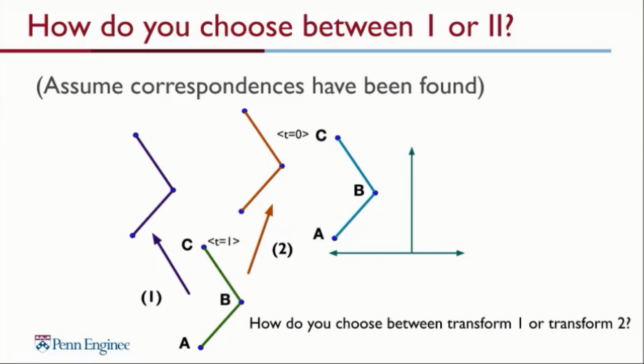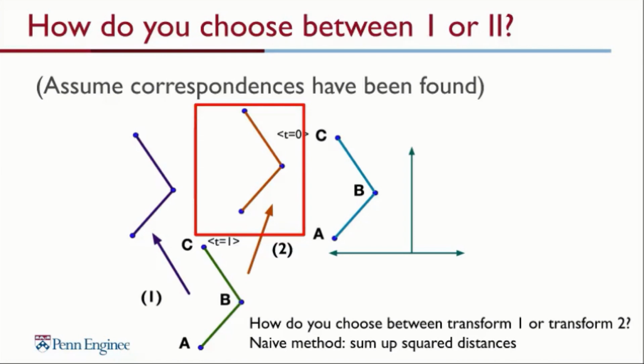The question becomes, how do you actually choose between the transform 1 and transform 2? In this example, the obvious answer is option 2, but that's because we know the points correspond to A, B, and C. And it's obvious that the points at time step 1 end up closer to the points at time step 0 when they are transformed.